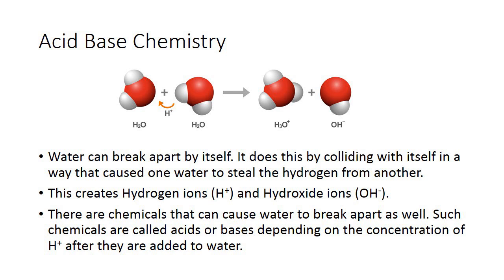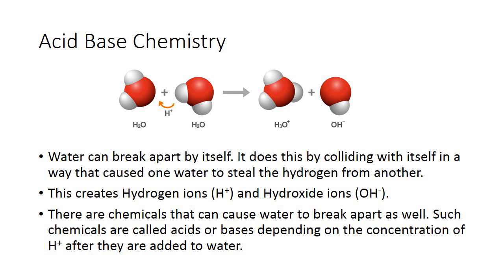Okay? We're creating H positives. I will sometimes call them protons because that's all you would have if a hydrogen is a proton and an electron. You lose that electron, all you have left is a bare proton. So a lot of times people talk about acid-base chemistry and use the phrase protons.